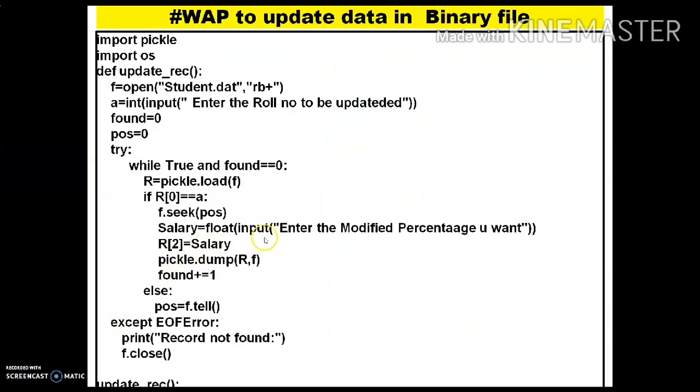Now how to update data in binary files. So first, to understand what update is: you pick the first record, then you check whether it is the record you are looking for, that is, the same roll number. If yes, then you go back in the file and overwrite it.